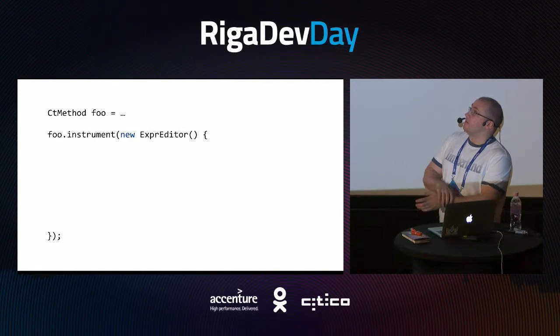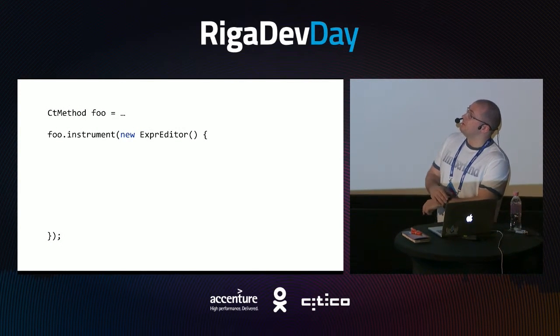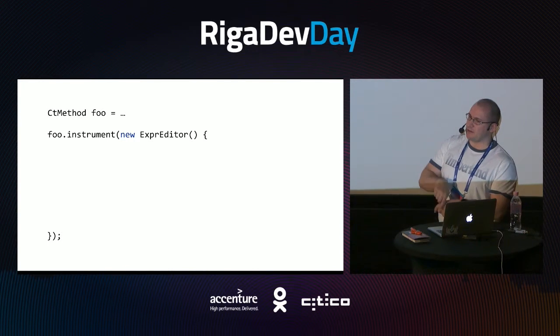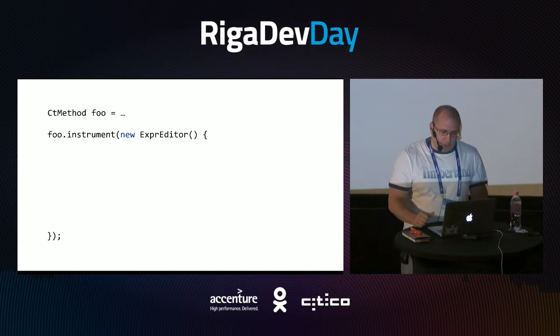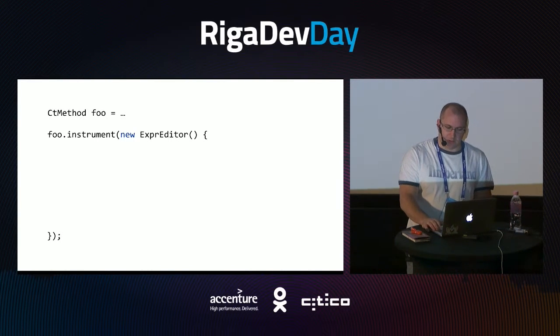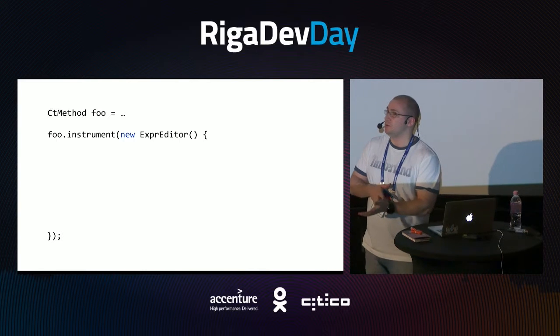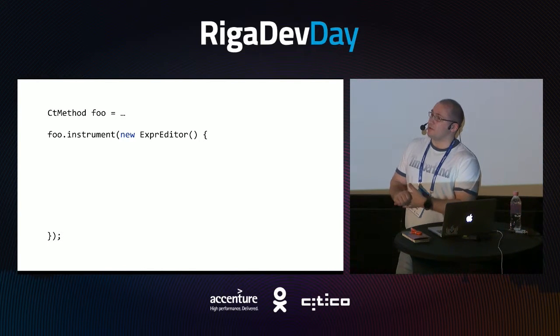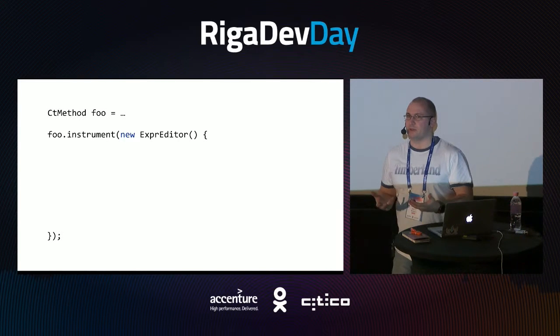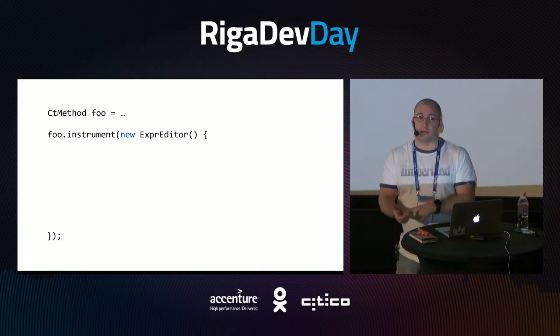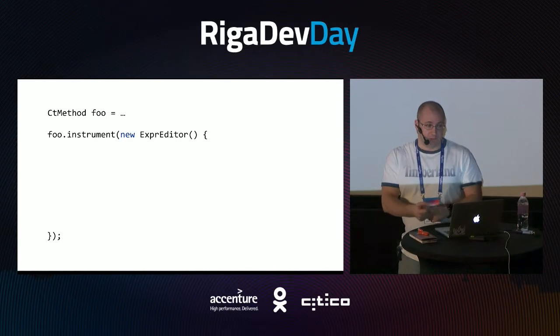Or if you have a long method and you want to do some magic inside that method with some particular statements, there is the instrument code, and the expression editor allows you to implement all kinds of logic by accessing those statements that create objects, invoke methods, access fields, and so on.